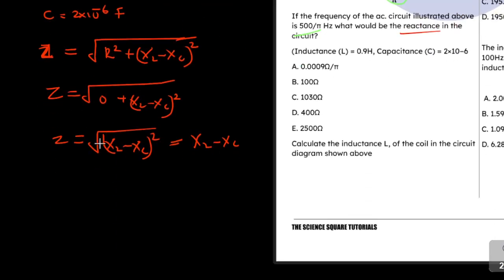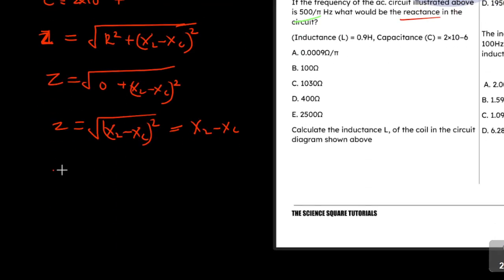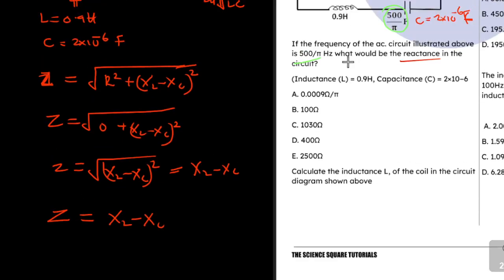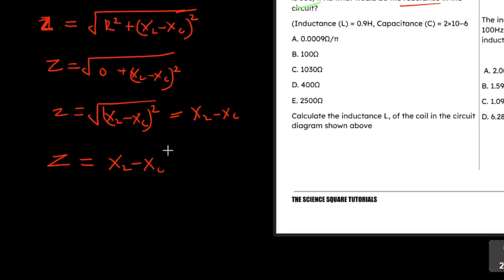So in a case where we have only inductor and capacitor, just remember that your impedance or your reactance in this case is going to be XL minus XC. Since it is inductor and capacitor that is present, instead of calling it impedance, we can call it reactance, the effective reactance. That's why the question is asking you to calculate the reactance, because there is no resistor in this case.